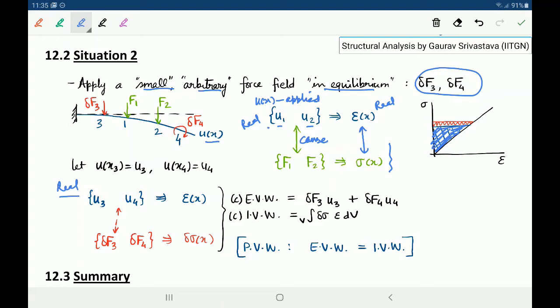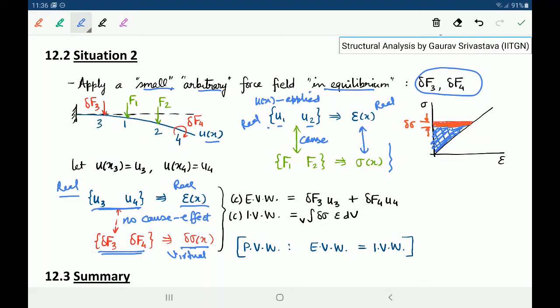Them we apply. So now between this set of displacements and this set of forces, there is no cause and effect relation, right? So now we have this real strain and this virtual stress. The additional work done will be the area of this strip in the stress-strain space, where we have applied an additional virtual stress at the same strain level.